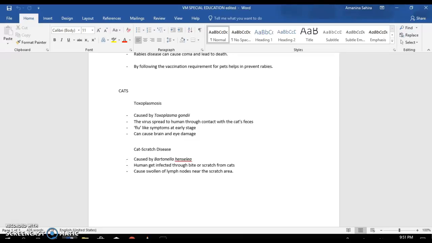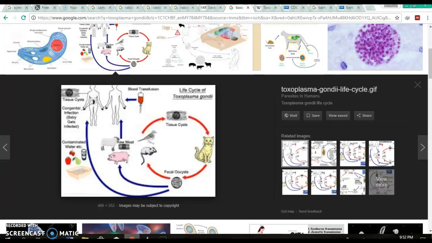Where the scratch happens, it will cause swelling, and the lymph node near the scratch area will get swollen. That is when the infection happens.